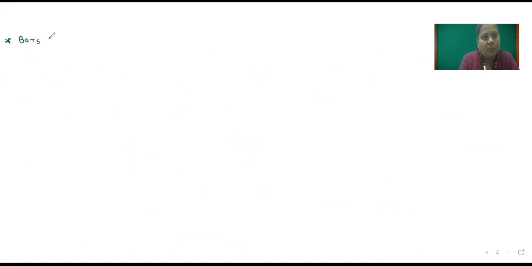Bars in parallel, type B, bars in parallel where a rigid bar may tilt.